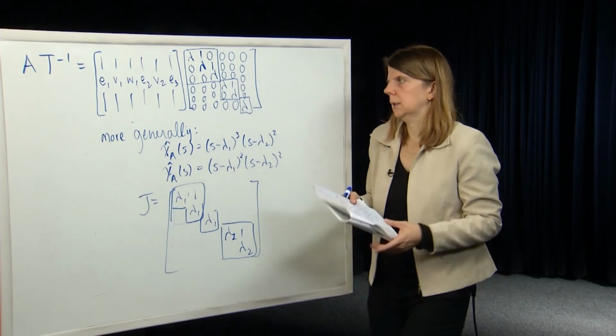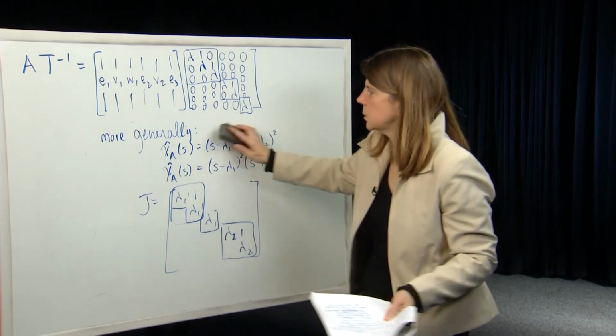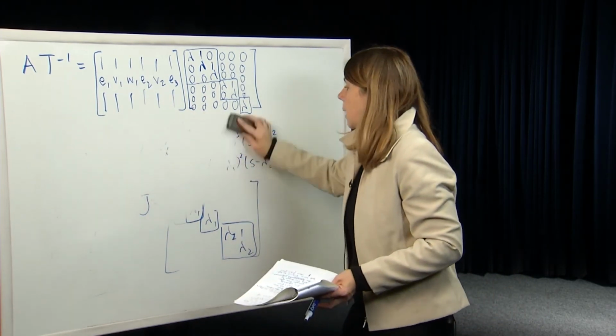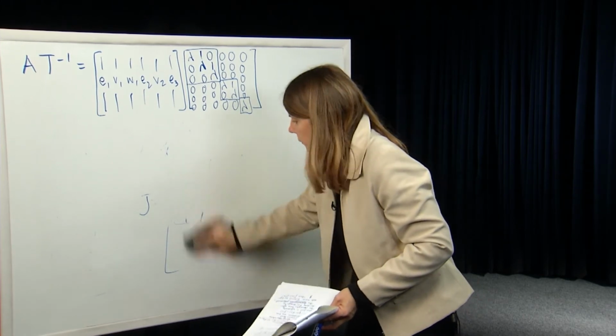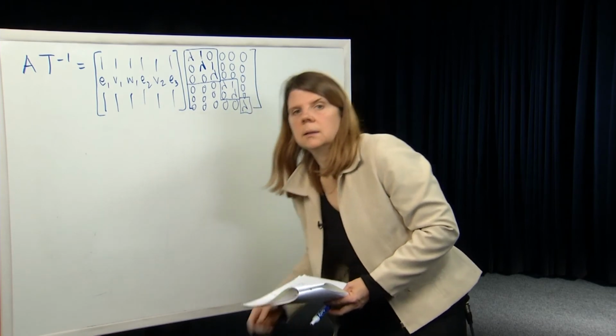All right, finally, let's conclude with why this is useful. In the diagonal case, the whole point was it's useful because you can come up with a formulation of e to the At more easily.